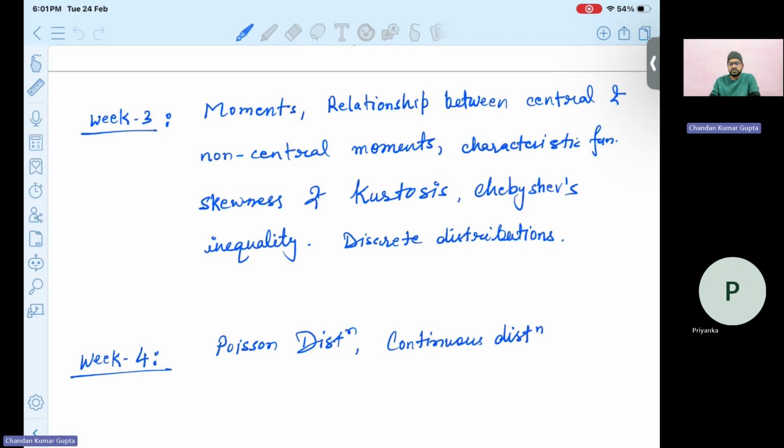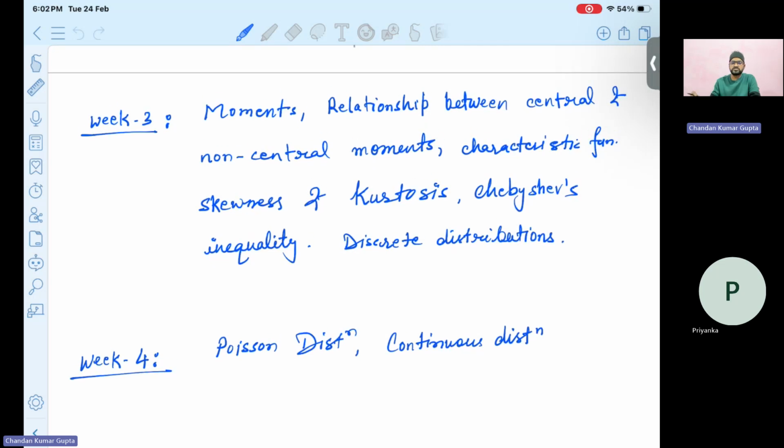In week three, we discussed moments, the relationship between central and non-central moments, characteristic functions, skewness and kurtosis and their interpretation, different kinds of skewness and kurtosis, Chebyshev's inequalities, and discrete distributions like Bernoulli, binomial, geometric, negative binomial, hypergeometric, etc.